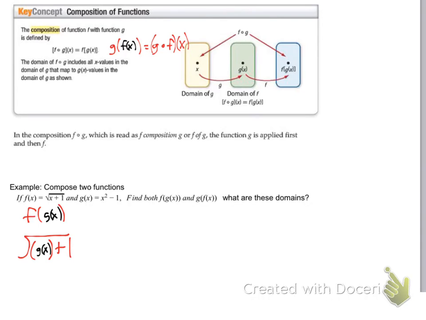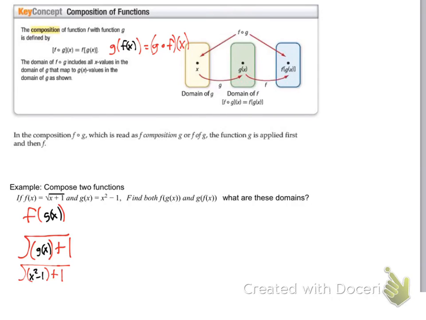So what does that mean? It means that I have the square root of, f of x is the square root of x plus 1, and g of x, sorry, is x squared minus 1. Now the question is, do you need those parentheses now?